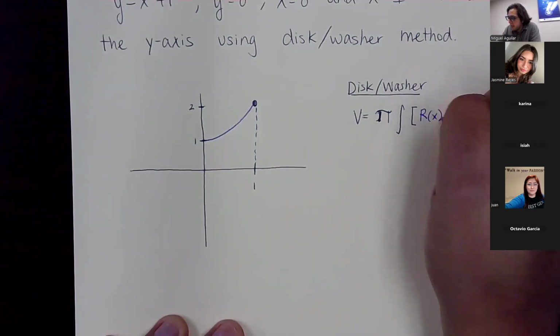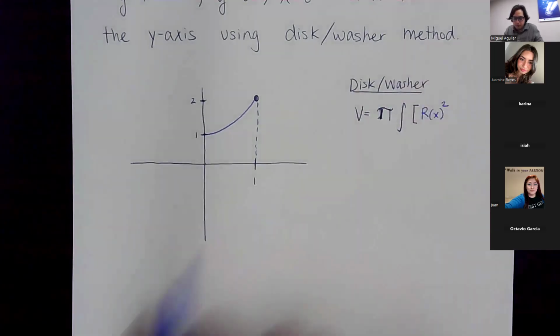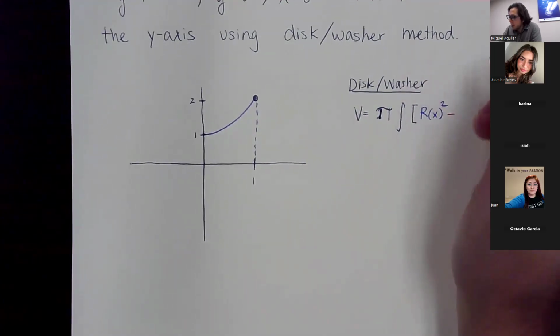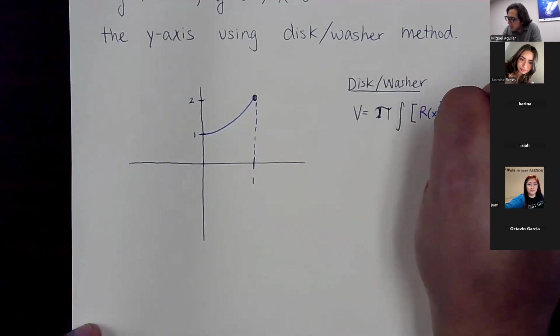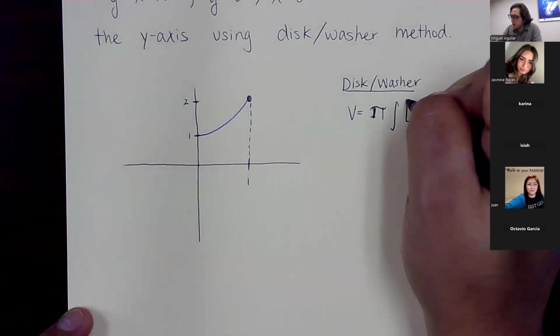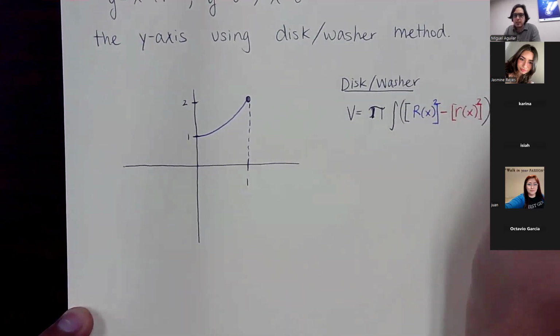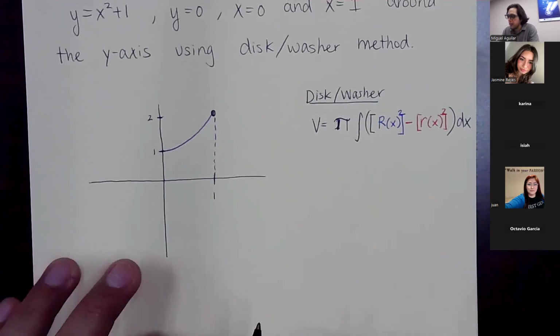So I'm going to put it like this. Outer radius squared minus the inner radius squared. These guys were in little boxes here too. All of that dx, right? If it was a function in terms of x, right?